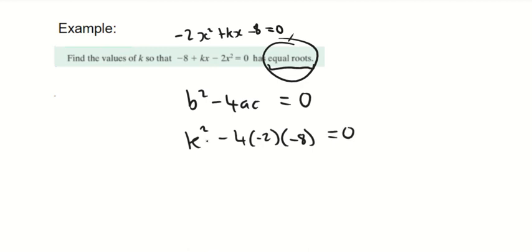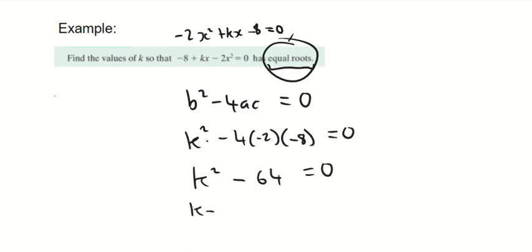So equals 0. So k squared, it'll be minus 64, is equal to 0, and you can see then that that's difference of 2 squares.